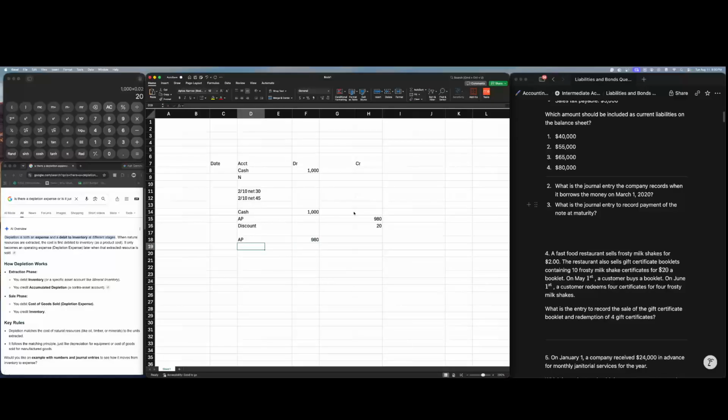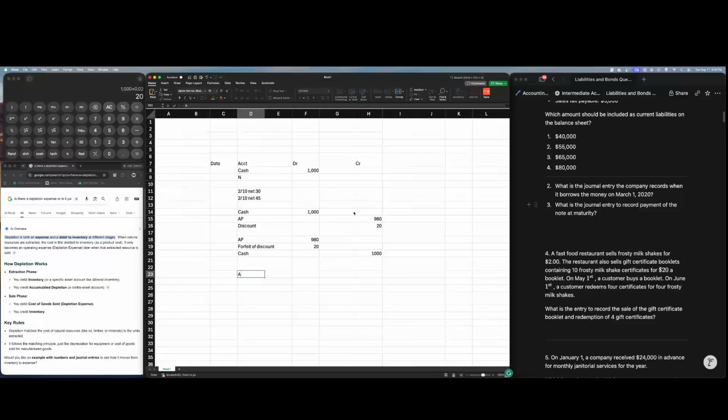But then the thing is the discount has been forfeited because they paid after 10 days. So 20, and then you would have to pay cash 1,000. So you have to pay the full amount of cash.